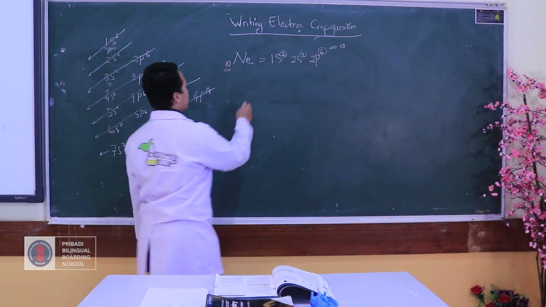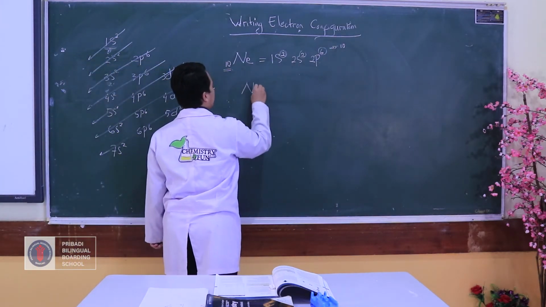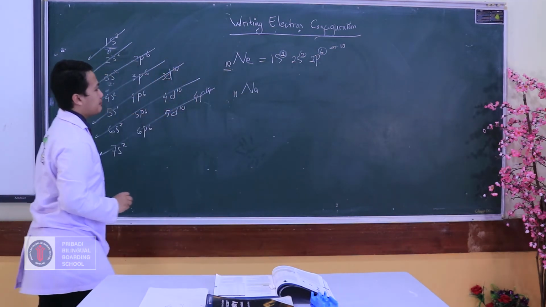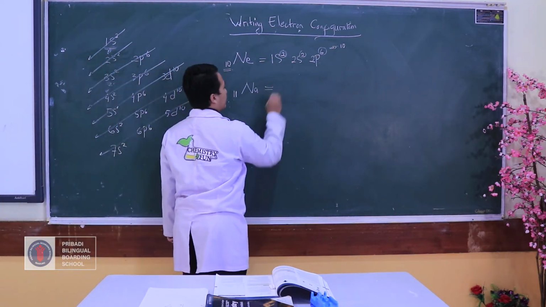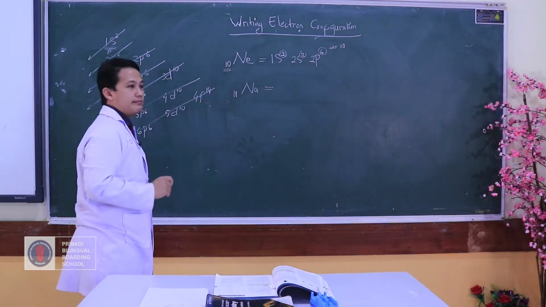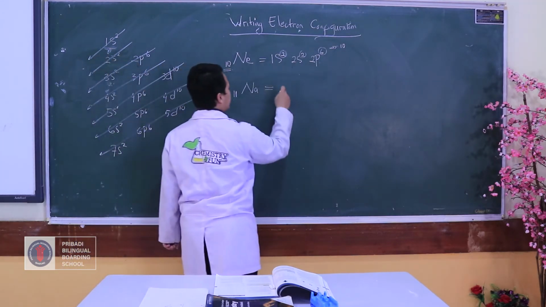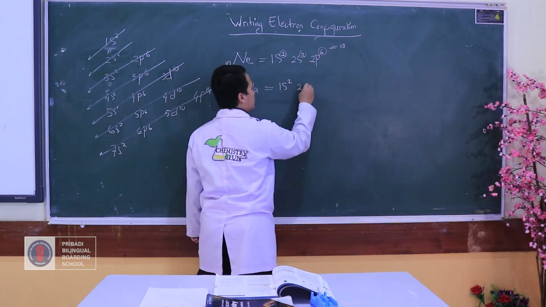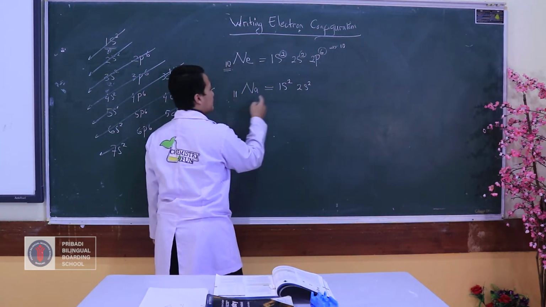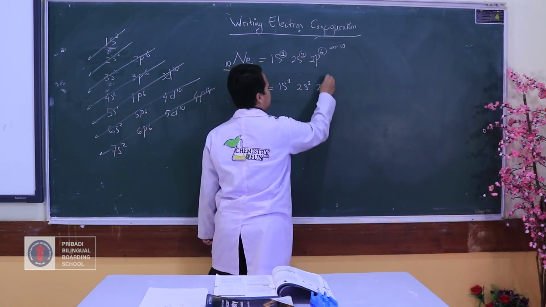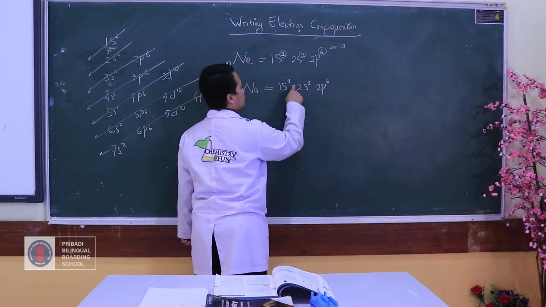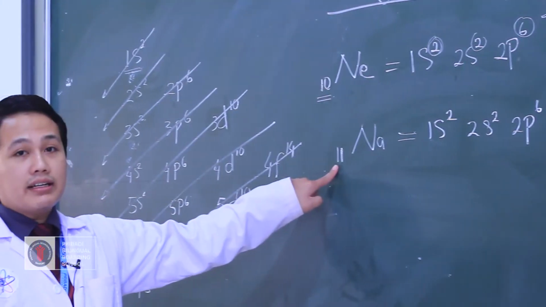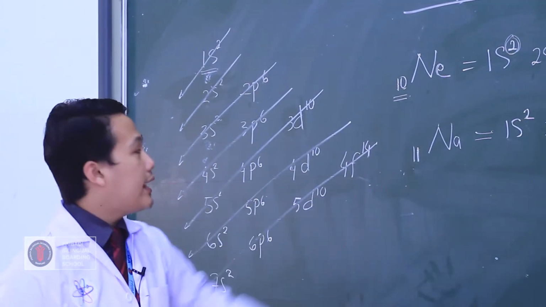So I'll give you another example. Let's say here I have sodium 11. Okay, so how can we write it down? First, again, the same: 1s2, and then continue with 2s2, and then 2p6. How many already? 2 plus 2 plus 6, 10. But we need 11. So we need one more electron.